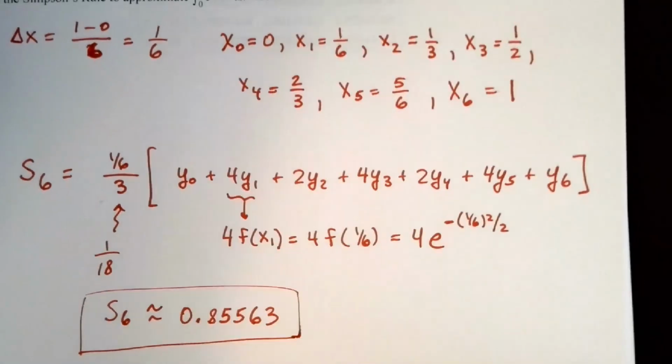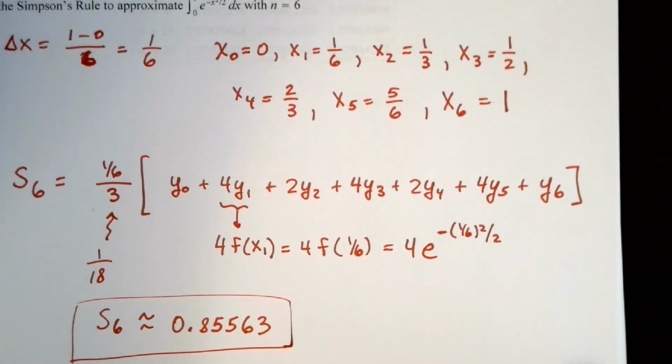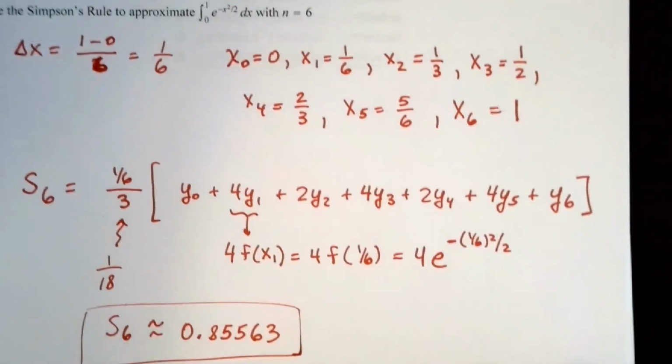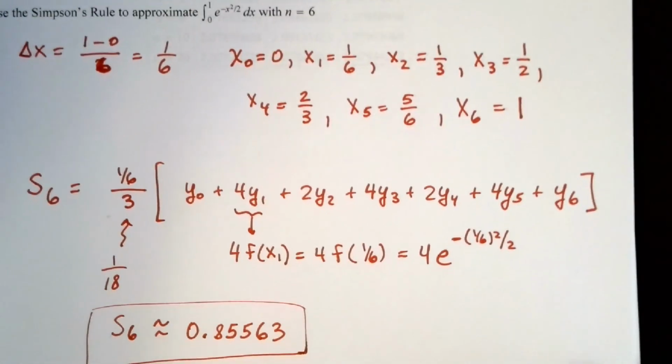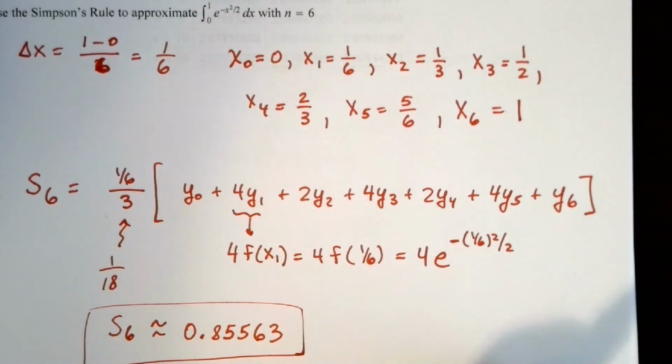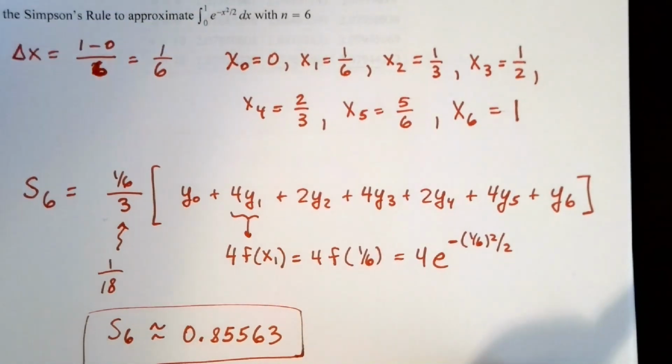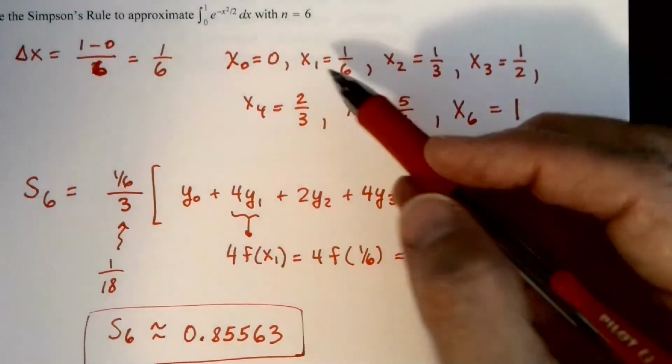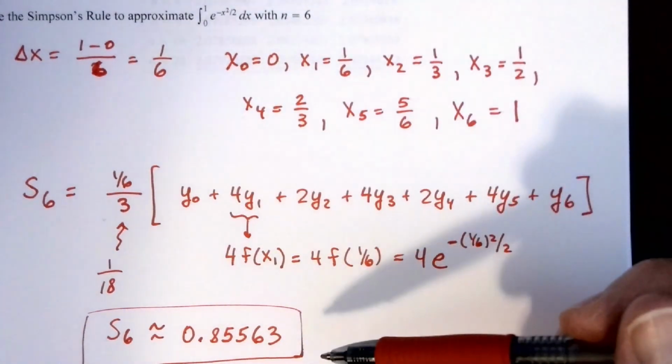So again, this integral that we've been doing in 3 different ways has no way to be done using the fundamental theorem of calculus as a finite, trying to estimate with a finite number of functions. The antiderivative doesn't exist as that, so the numerical methods are good.